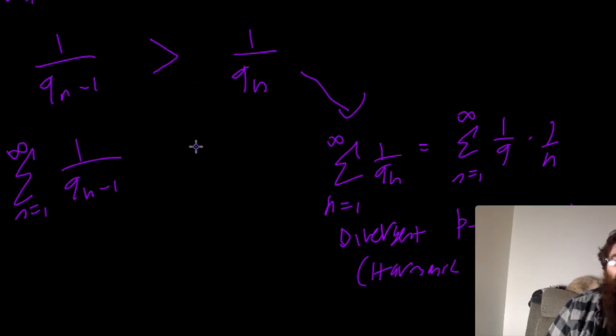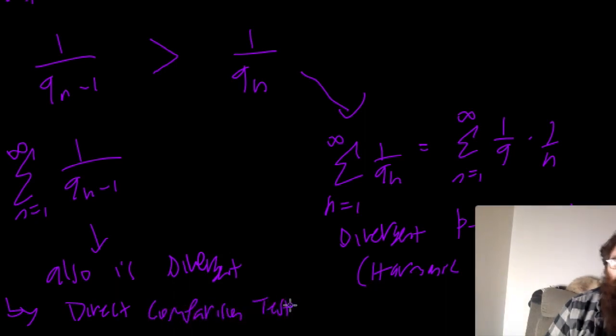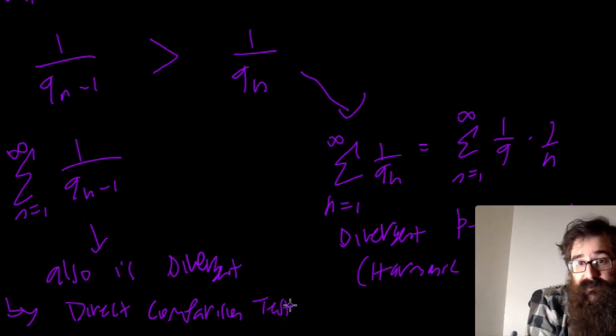So I'd say, well, greater than divergent must also diverge. So this also is divergent by, and I like to call this the direct comparison test, to distinguish against the limit comparison test.